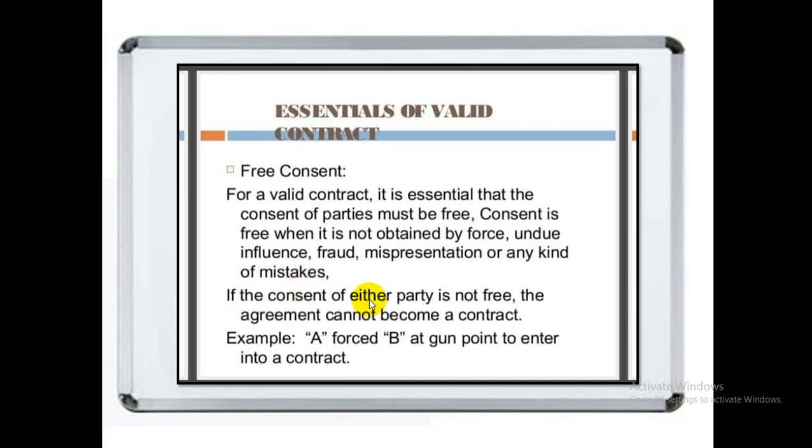If the consent of either party is not free, the agreement cannot become a contract. For example, A forced B at gunpoint to enter into a contract to sell the house or to buy the motorbike. Such a contract based on gunpoint will not be a valid contract because the consent of one party is obtained by coercion.